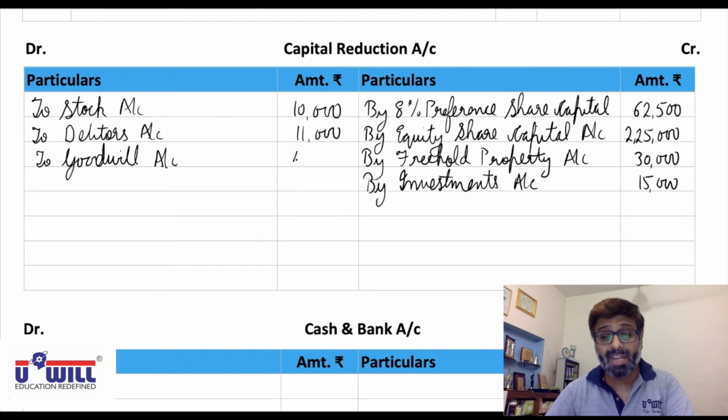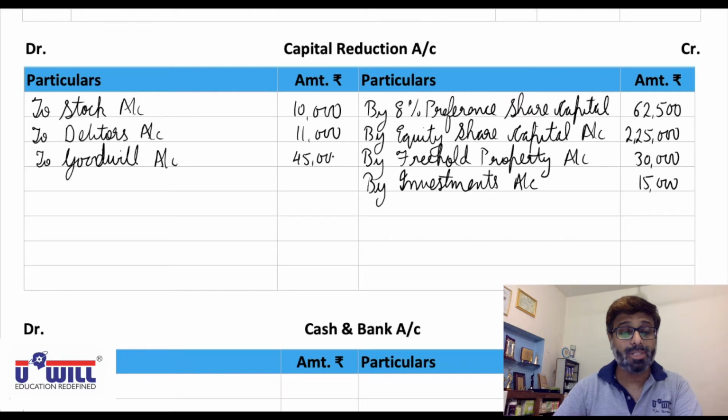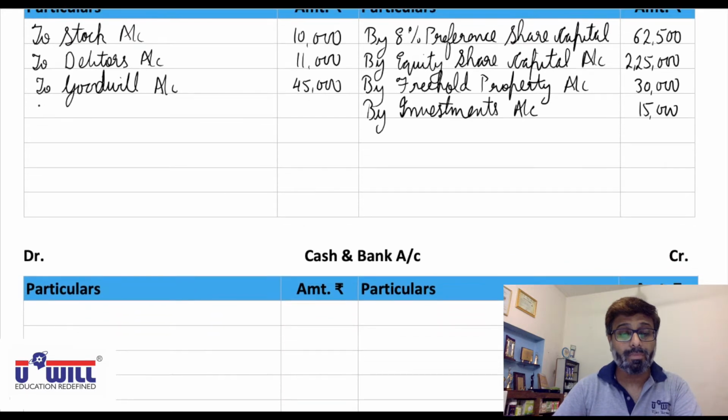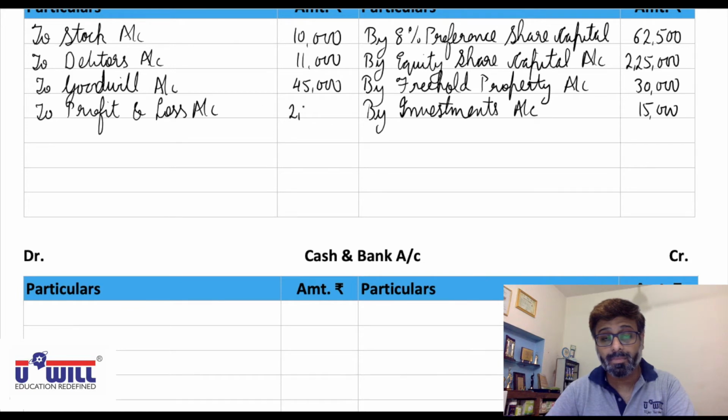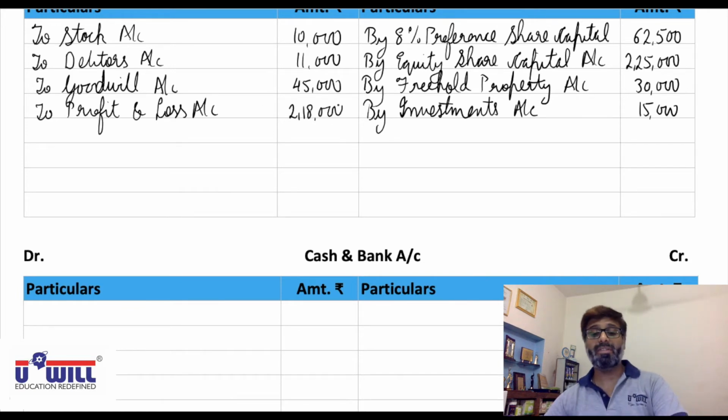And to profit and loss account 2,18,000. I hope everyone is clear with this.